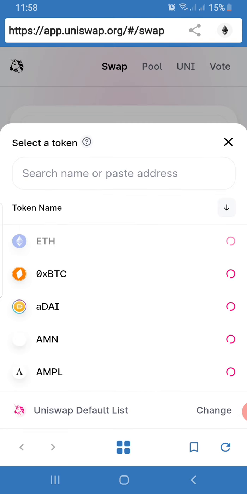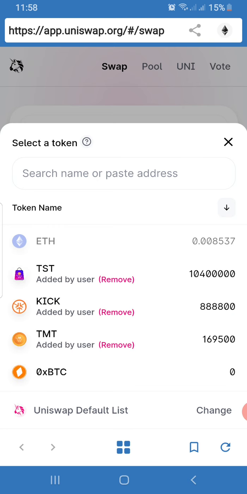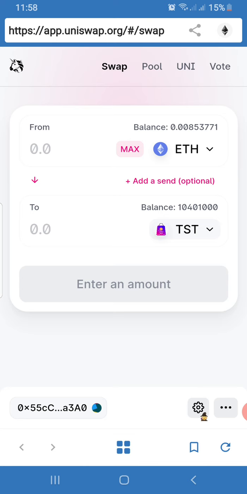So let me add TST. All right, so let's go to the pool. This is the swap section. You have no business with this. So let's go to the swap section.